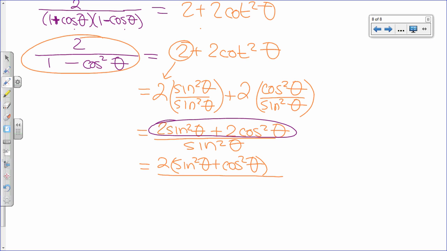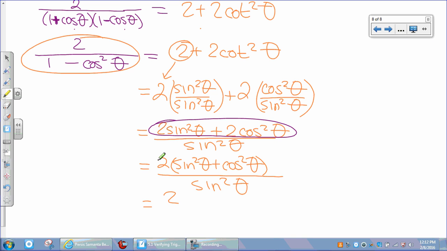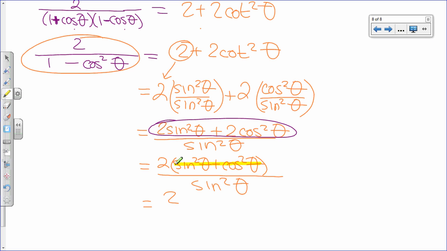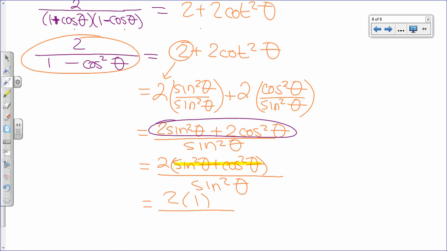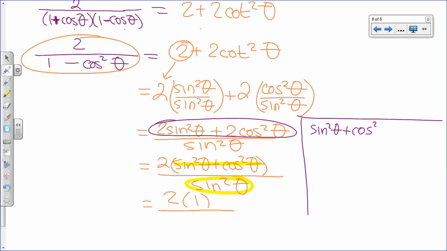Now, what I'm going to do on the bottom is, well, let's not do that yet. So here, by the Pythagorean identity, we know that this one here is equal to 1. So I can just go ahead and replace that with a 1. Now, for the sine squared theta, I'm going to refer to the Pythagorean identity like we did earlier. That one says that sine squared theta plus cosine squared theta is equal to 1.